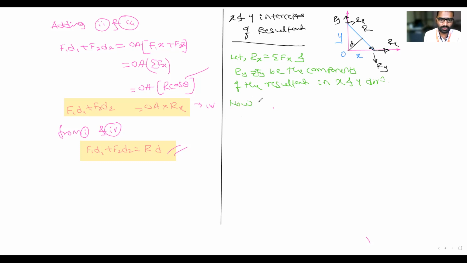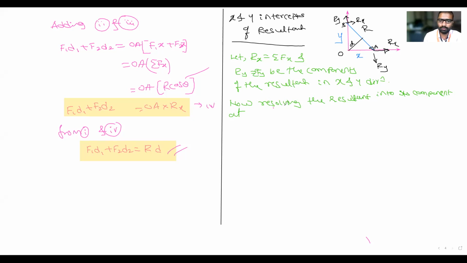Now, resolving the resultant into its components at A. You can take this point as A, and this is point B. Initially it was O only; keep it as it is, the origin, O only.